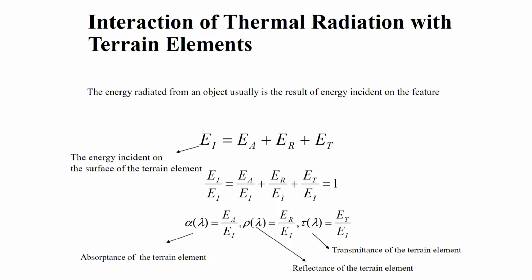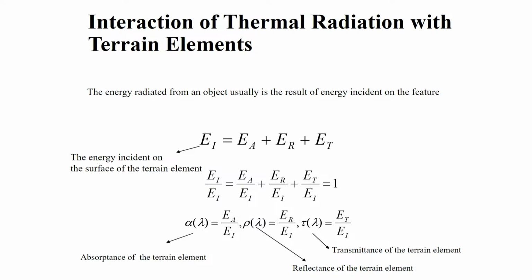Okay. Now when we divide it by EI, we are going to see the ratio between the absorbed energy and incident energy, the reflected energy and incident energy, and the transmitted energy and incident energy. So EI divided by EI will become 1, and EA divided by EI will be the absorptance.